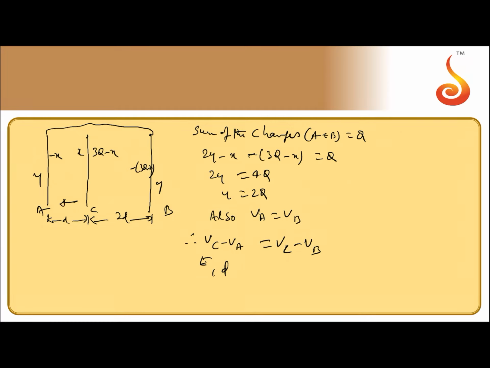That is E1 into D must be equal to E2 into 2D.